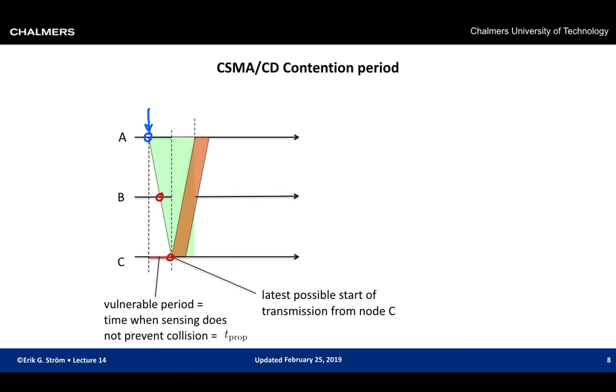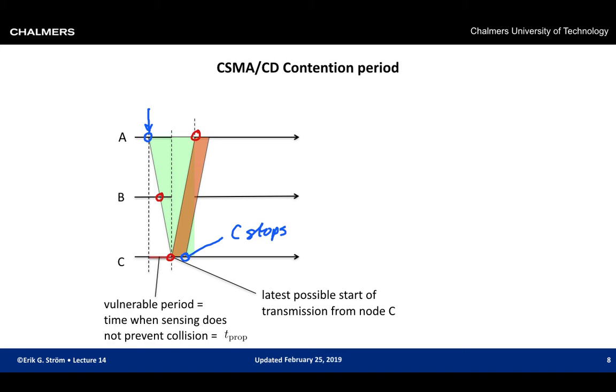So C stops. A on the other side has no idea that C has started to transmit, so A will happily continue to transmit its frame until this point in time. This is the time when A knows that C has transmitted something, and then A can stop its transmission.